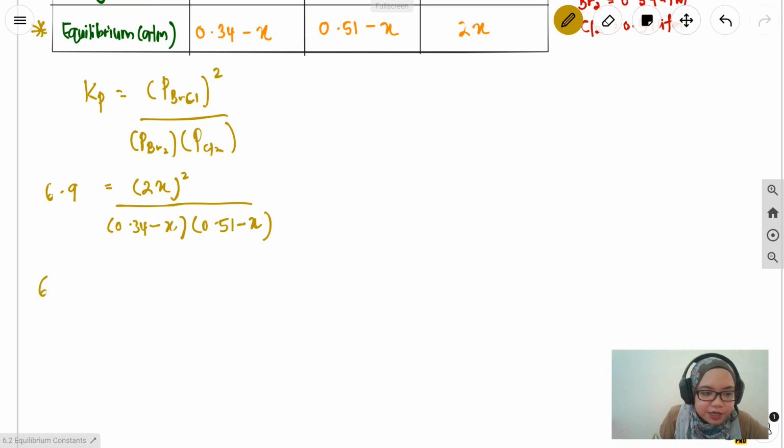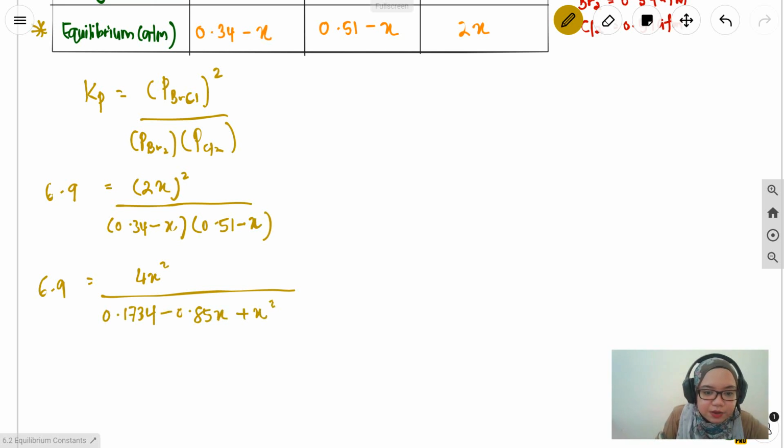So, 6.9 equals to 4x squared over, expand this, you will get 0.1734 minus 0.85x plus x squared. Then you will times this with this.